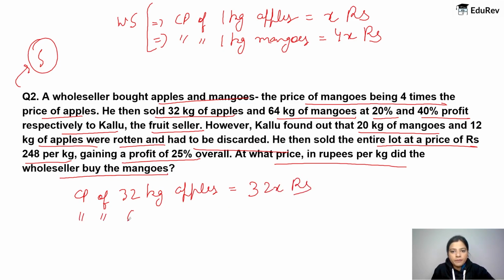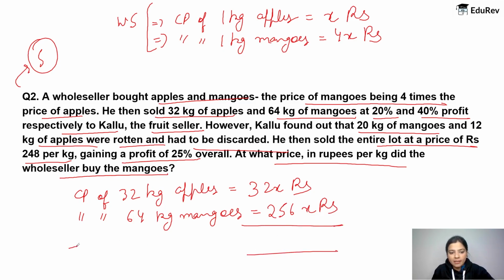Also CP of 64 kg mangoes is nothing but 64 into 4x, that is 256x rupees. So if you ask what is the total CP for the wholesaler, it will be nothing but the addition of these, that is 288x rupees.